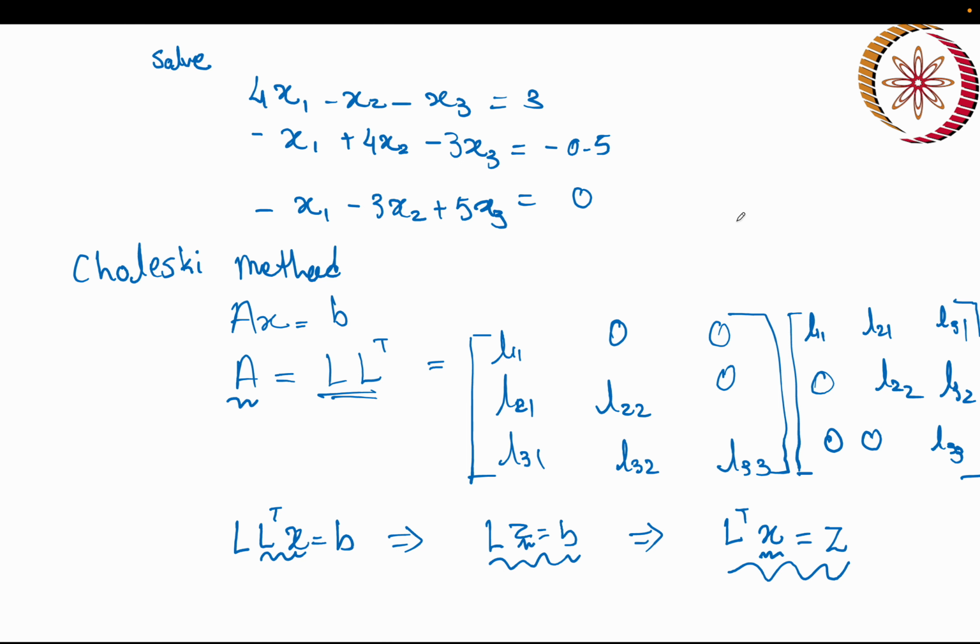By the decomposition itself, you can see that if we take the transpose of A, it will be L L transpose, which is nothing but A. So A is symmetric, and in the equation itself it is given symmetric. So we will write A first from the equation.